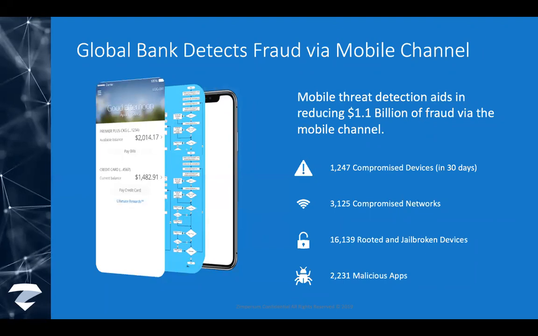So with the SDK, you get that next level of visibility. 3,000 compromised networks. That's probably no surprise. It was surprising the number of jailbroken and rooted devices that were actually operating their app, and then 2,200 malicious apps. With the SDK, we do identify malicious apps and malware differently on the different platforms. If you have a question about that, I can get to that at the end.